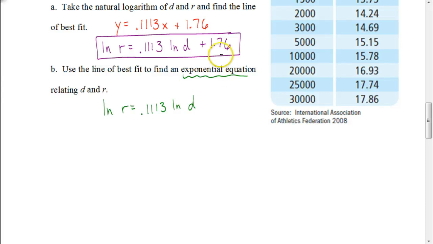In other words, this 1.76, I have to figure out the natural log of what value would get me 1.76. So this is kind of tricky here, because basically we're trying to solve a logarithm equation to figure out what I take the natural log of to get 1.76. Well, remember when we're dealing with natural logs, my base is e. So I would write this as e to the 1.76 power. And if you do that on your calculator, you end up getting about 5.81.